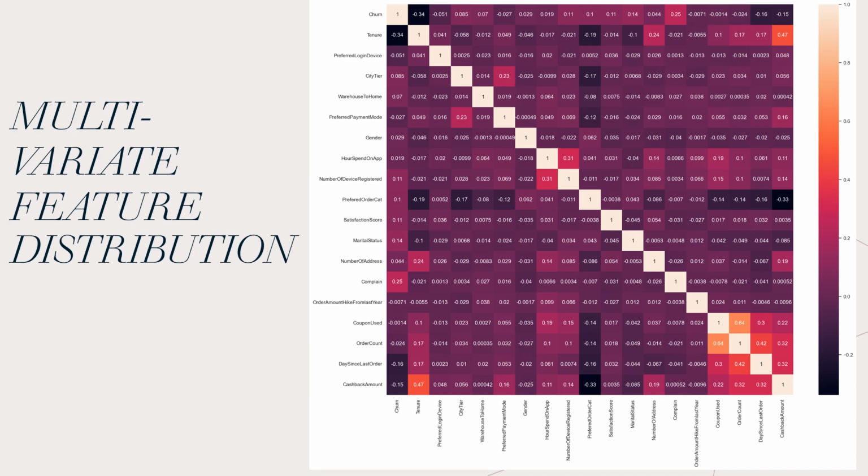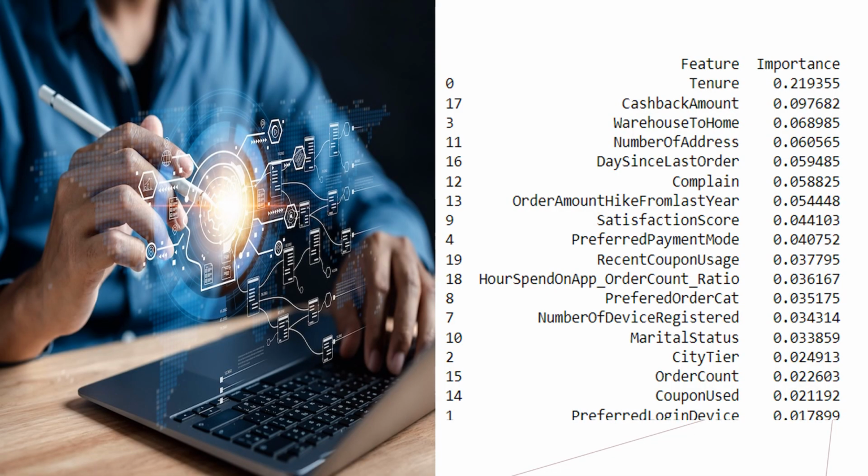So that's the reason I have done the feature importance. I did the feature importance through a random forest classifier, which is helpful to rank my features, like which features are important in predicting the model. In that, tenure, cashback amount, and warehouse to home are the top features I achieved in all three models.